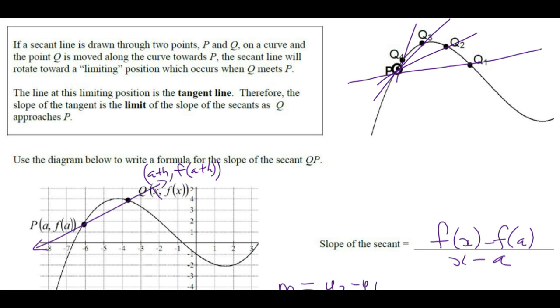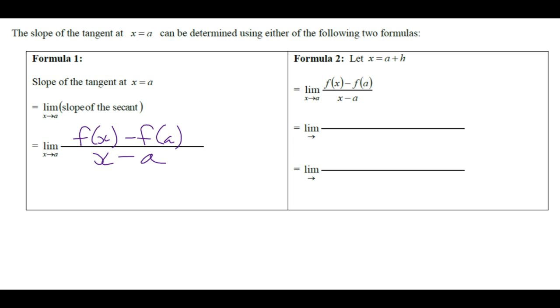That'll take me from here to here. So f of x minus f of a, where x is equal to a plus h, becomes f of a plus h minus f of a over a plus h minus a. And all we're doing is replacing the x with an a plus h.